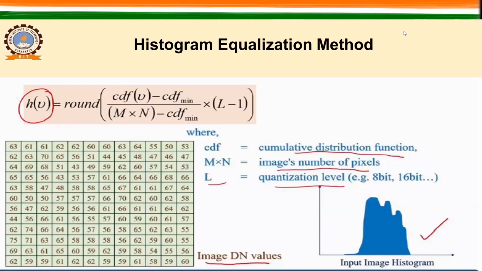First of all, we need to identify the unique DN values from the image or from that matrix. These are the unique DN values, right? And here also it is in continuation, right? So it starts from 43 and ends at 75, right?